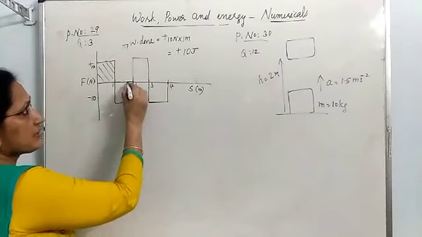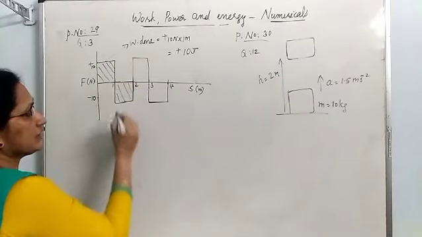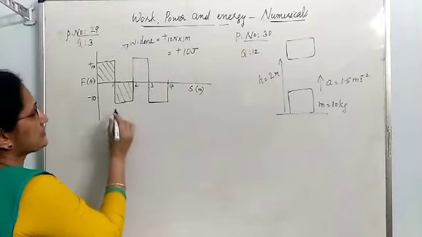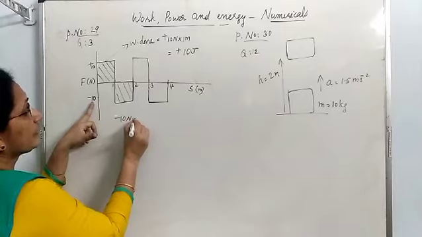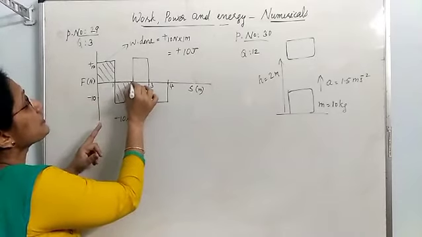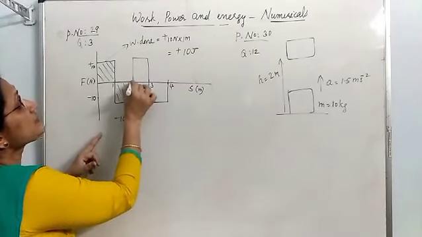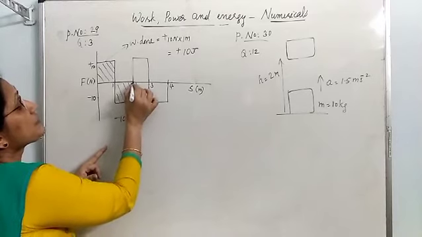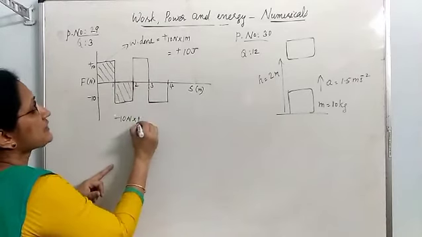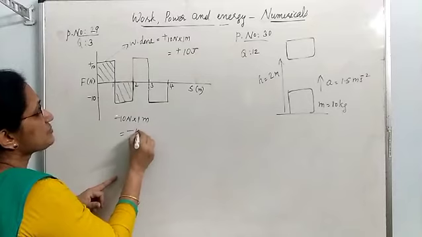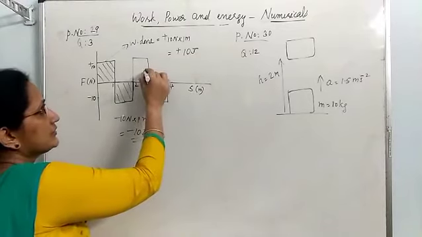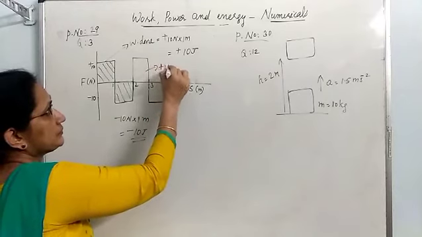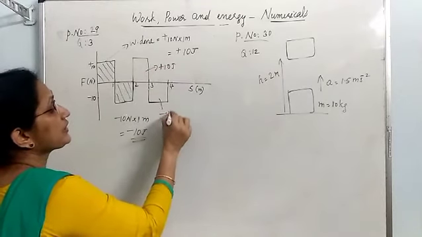So for the next 1 meter, the work done is force into displacement. Force is minus 10 Newton and displacement is again 1 meter, that means minus 10 joule. It repeats. Here again plus 10 joule and here again minus 10 joule.